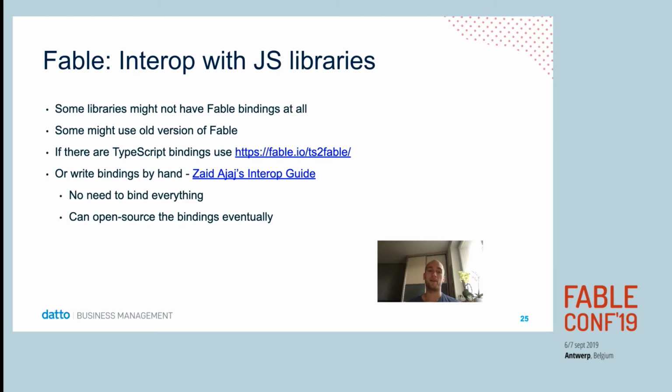Or there might be bindings for Fable, but they might be outdated, so they use an old version of Fable, which was the case for me with Ant Design. And if that's the case, don't give up on Fable, because it's pretty simple to do the bindings yourself.